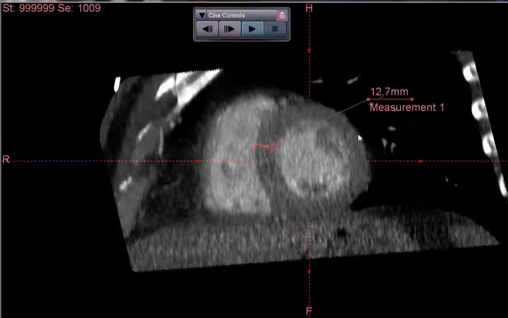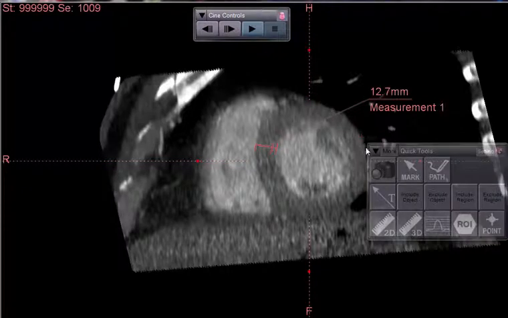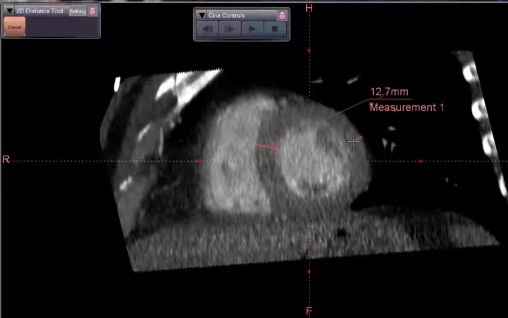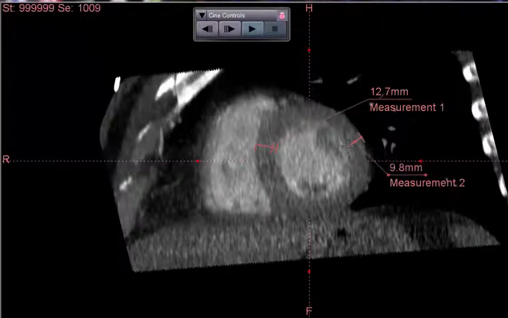We'll try to pull up the menu and get a general idea of where that is. That's about 9.8, so somewhat asymmetric, moderate hypertrophy of the septum, and also some hyperdynamic function, but otherwise normal left ventricular function.